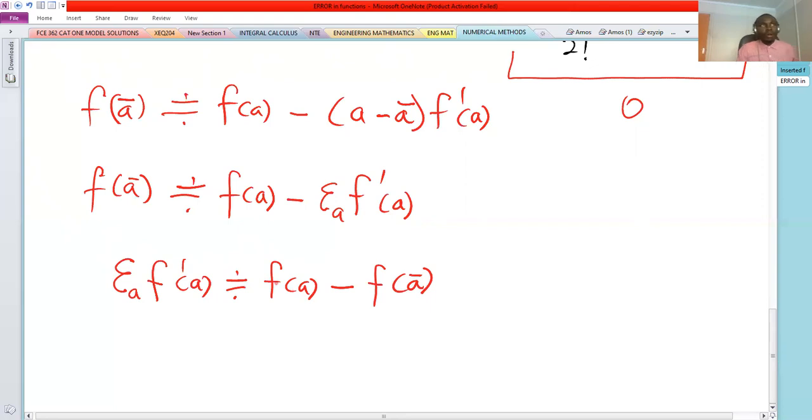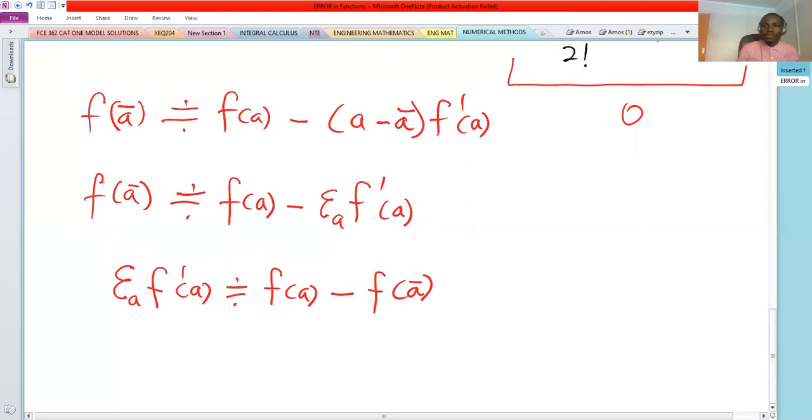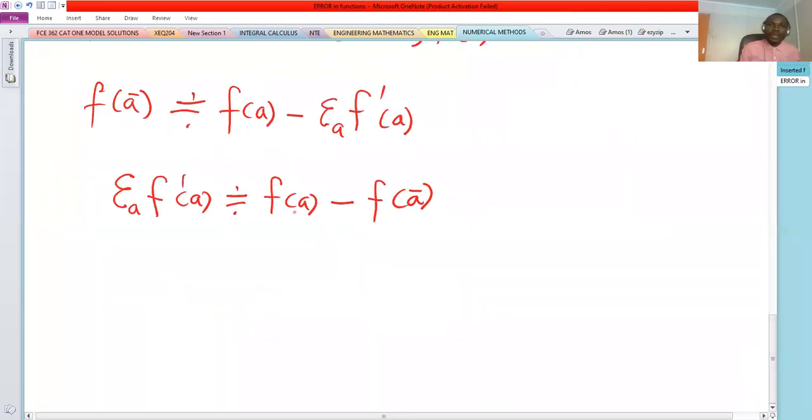Now the value f of a is the correct value of the function at a, and f of a bar is the approximate value of the function at a. So this difference defines the error in the function at point a. This can be written as the error in a times the derivative of the function is approximately equal to the error in the function at point a.